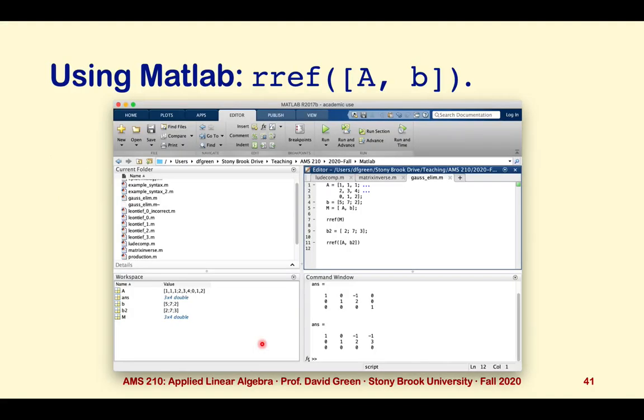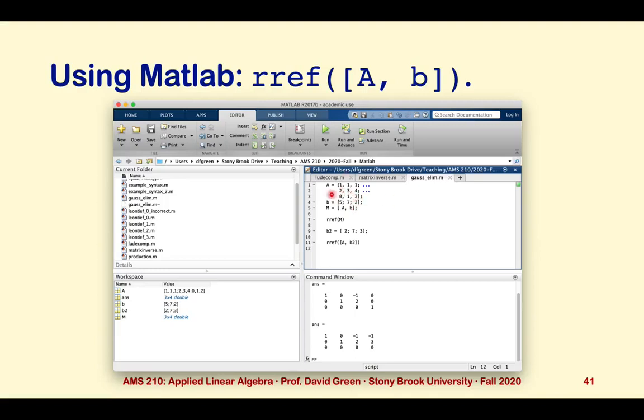Just as a final representation of how RREF works in an actual Matlab instance, here's a screenshot with a simple Gaussian elimination problem. In fact, it's the problem that I had outlined on the screen.